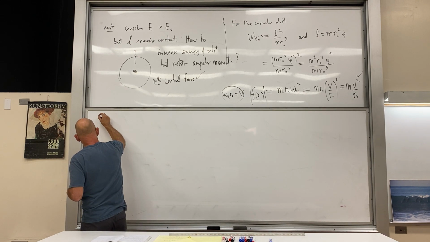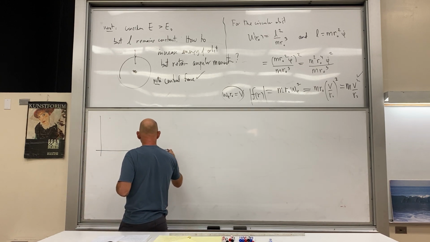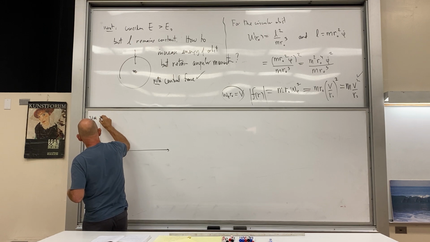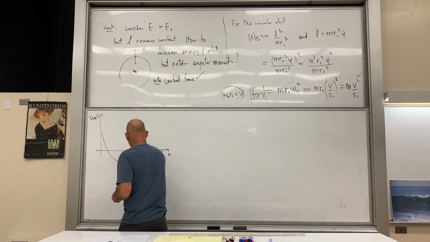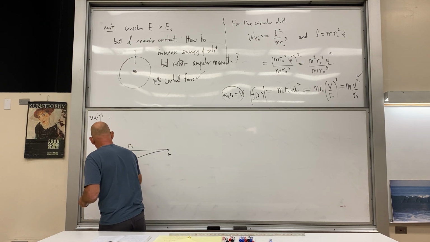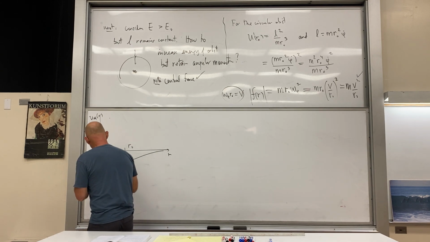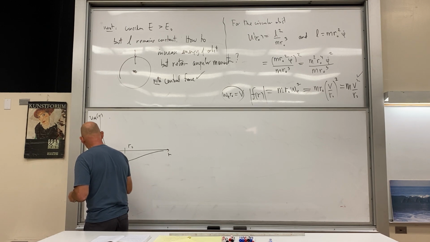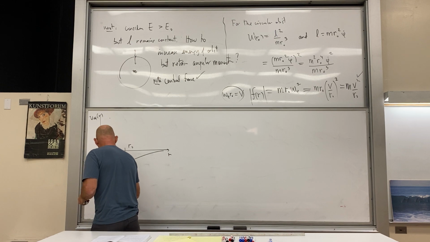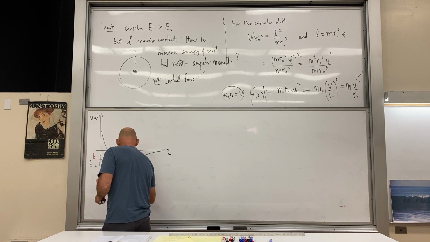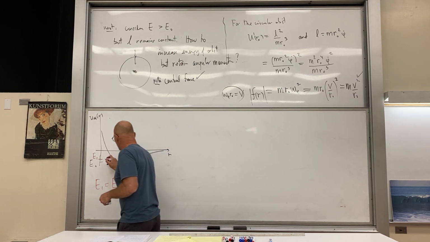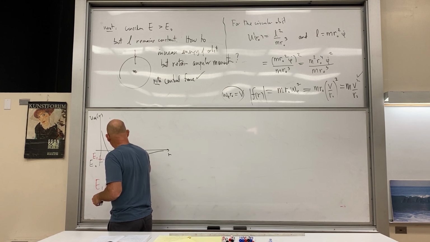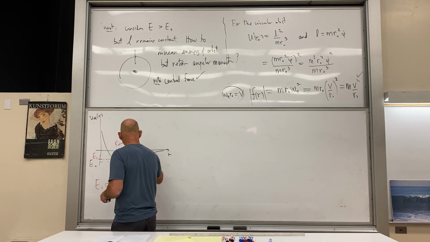Because I'm going to reproduce this up here with a little more room on the board. So we have that effective potential. We have R sub 0, E sub 0, and again, get a little extra, I'll call E sub 1 equal to E sub 0 plus some little delta E. And there are now R min and R max.